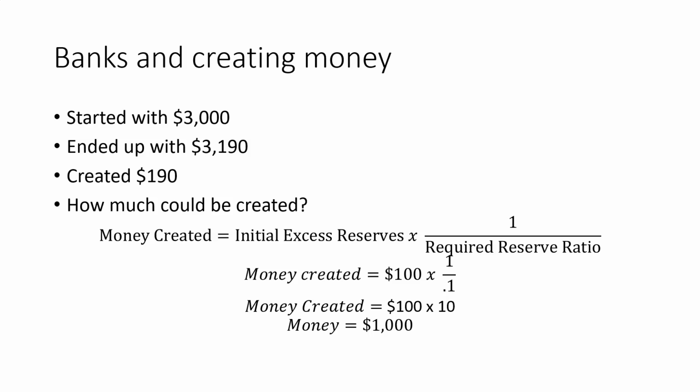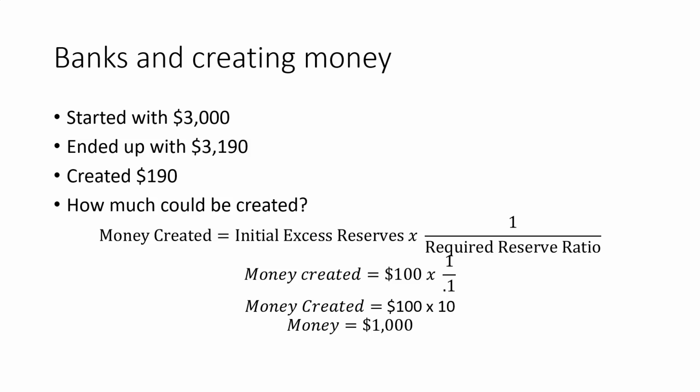In this case, we calculate the amount of money that is created by taking the initial excess reserves, that's the amount of money that starts the whole process, times the money multiplier, which is 1 divided by the required reserve ratio. Remember, the required reserve ratio is the percentage of deposits banks must hold.